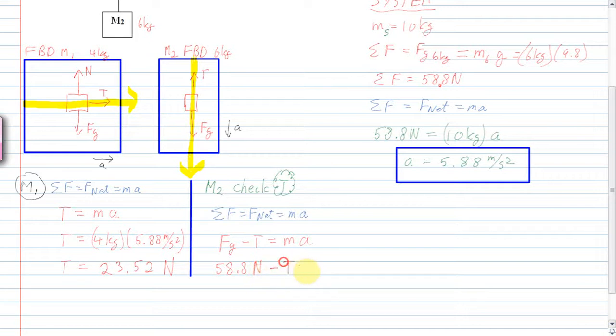Minus the tension is equal to the mass of the object, which is 6 kilograms, times the acceleration, 5.88 meters per second squared. So tension here, by this calculation, is going to equal 58.8 newtons, subtract 6 times 5.88.